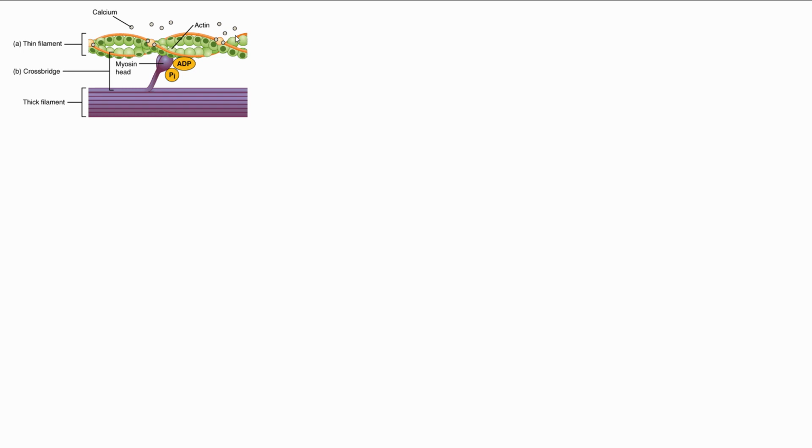Basically what that means is troponin is going to change shape. As troponin changes shape, it pulls the tropomyosin out of the way. That means the tropomyosin is now moved out of the way, exposing the binding sites on actin.